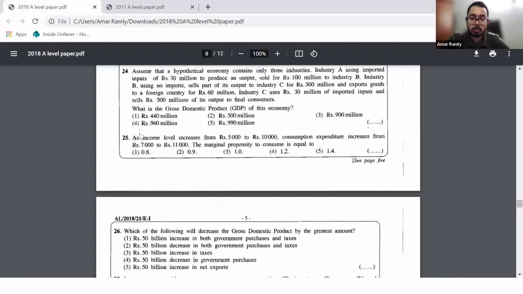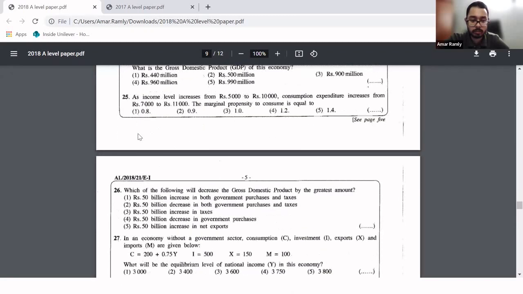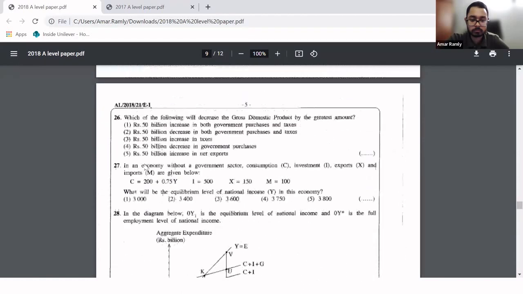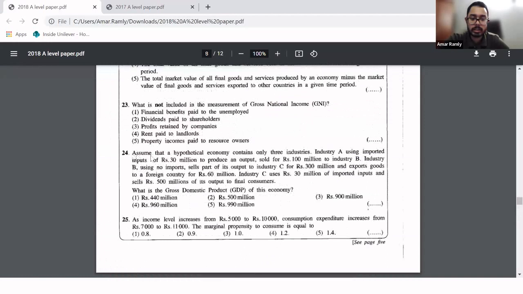Okay, guys, I would like for you to give 24 a go. 24 is a very good question, guys.